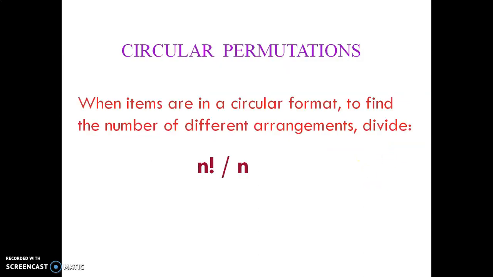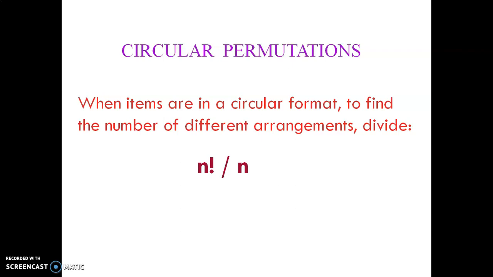Then the next term is circular permutation, where we arrange the elements in a circular format. That is the difference: in linear permutation we arrange the atoms in a linear fashion, here we arrange them in a circular fashion. So the formula is slightly changed.